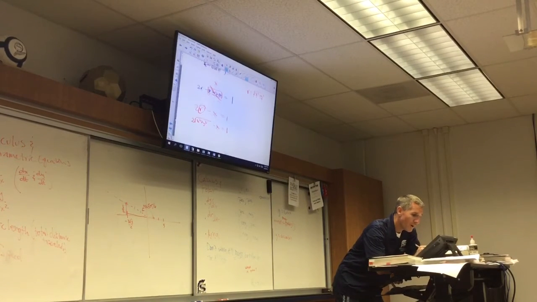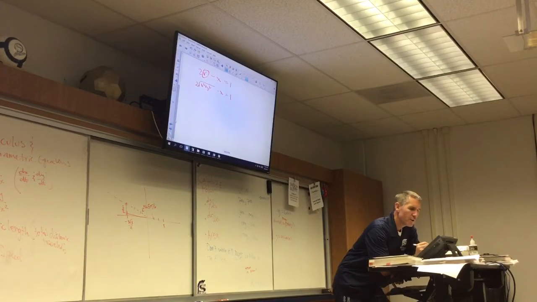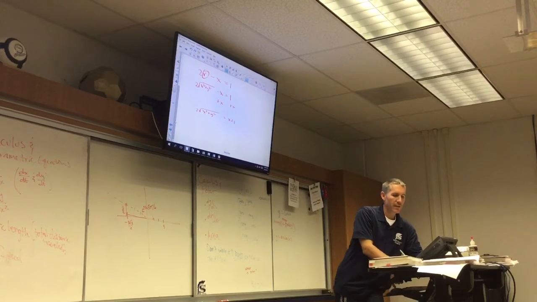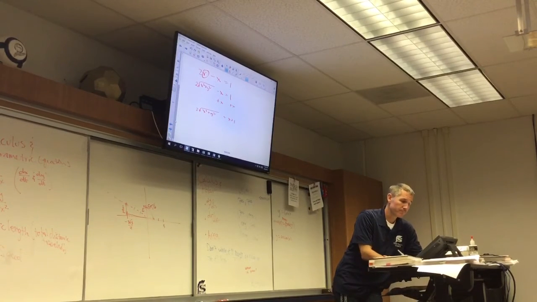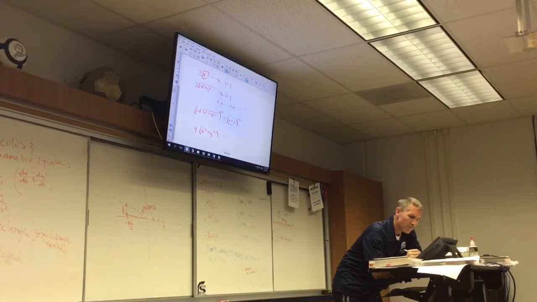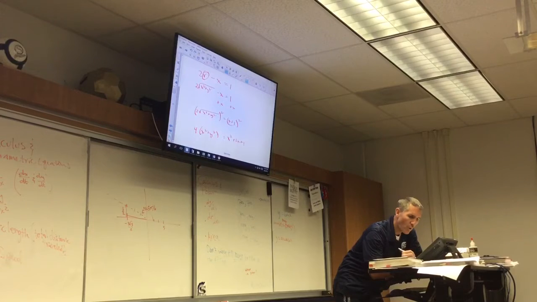Now watch, if you wanted to continue this further, you could add x to both sides, so you have 2 root x squared plus y squared equals x plus 1. Let's square both sides now. And so we have 4 times quantity x squared plus y squared equals x plus 1 quantity squared, which is x squared plus 2x plus 1.